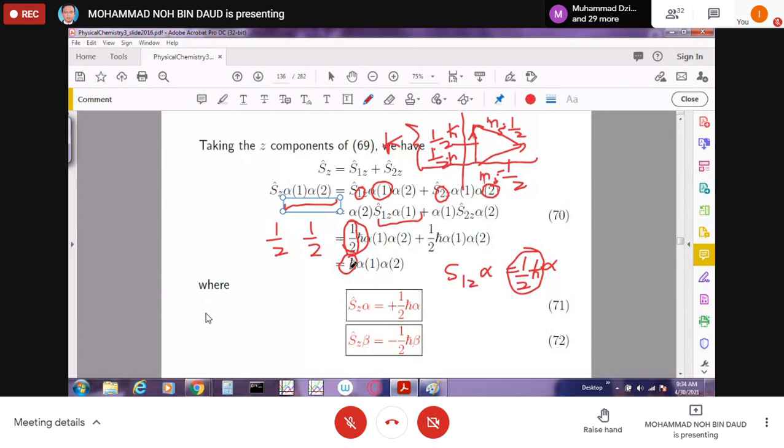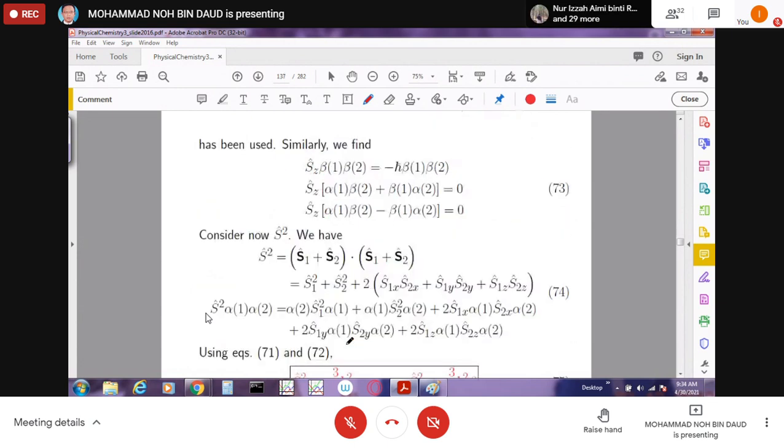So now we have this one. We have the proof. You can also compare this with the vector diagram for angular momentum. We use these properties you learned in physical 1. You also can do this for the two electron spin: beta beta, beta alpha plus alpha beta, and alpha beta minus beta alpha.